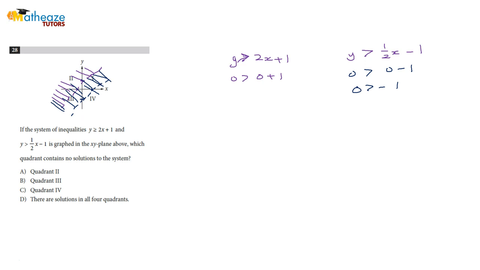And the reason is because the first inequality, y greater than or equal to 2x, should be solid lines actually, all the way through. So because that does not have any points in the fourth quadrant, that means the system cannot have points in the fourth quadrant.